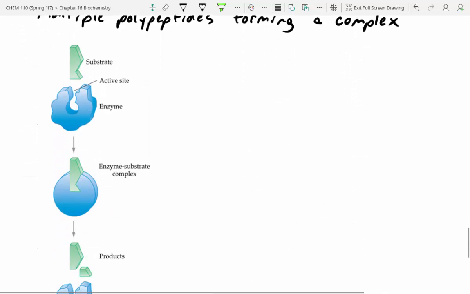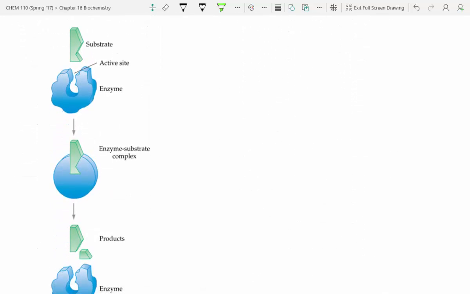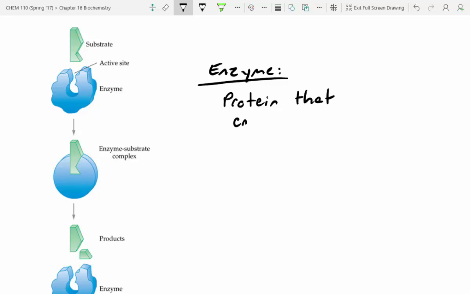So these are really unique proteins. An enzyme is a protein that catalyzes a chemical reaction.